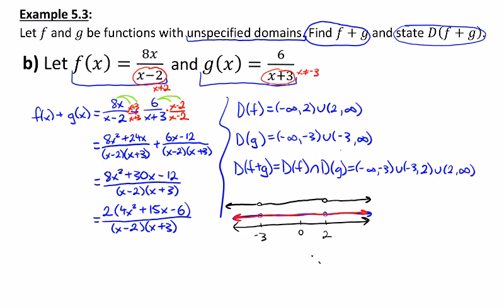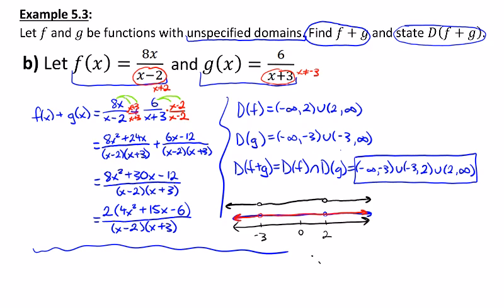Now the only thing we have left to do is write our function definition. I am going to box this domain in that we just came up with. That's the stating of the domain of f plus g. So now let's do the definition for f plus g. Let me copy down the domain again. And that's the domain that maps to all real numbers, or maps to real numbers.